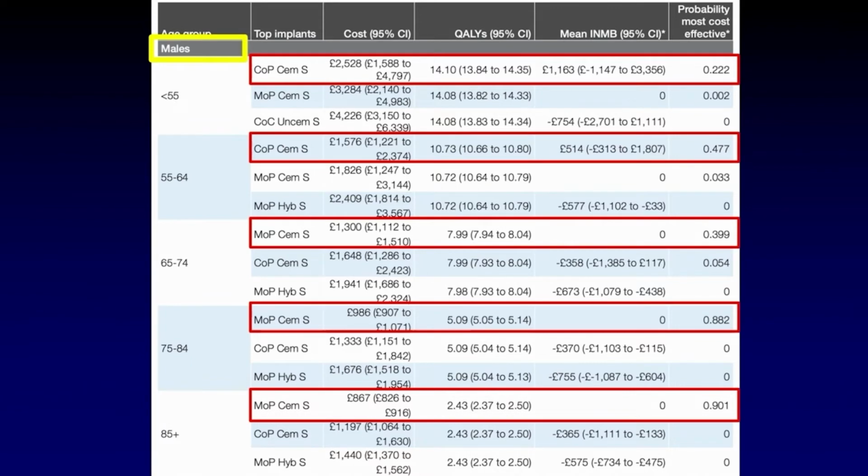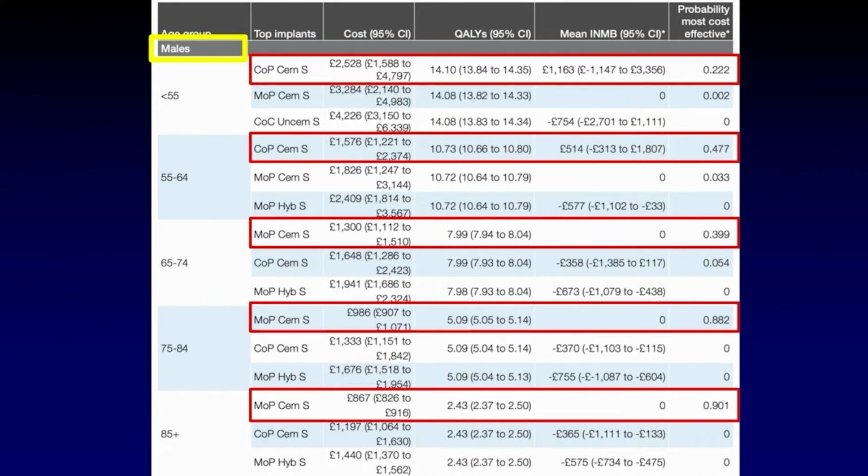Very, very similar trends. And what you've got here is that for male patients, you've got groups of ages. So you've got the less than 55s, then the slightly older patients going up to the age of 85 plus in the bottom rows of the chart. And if you look at the far right, you'll see the probability that they're most cost effective.